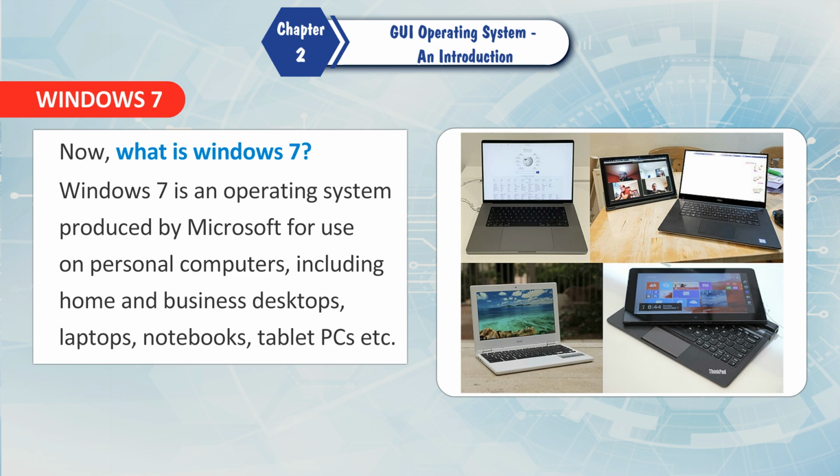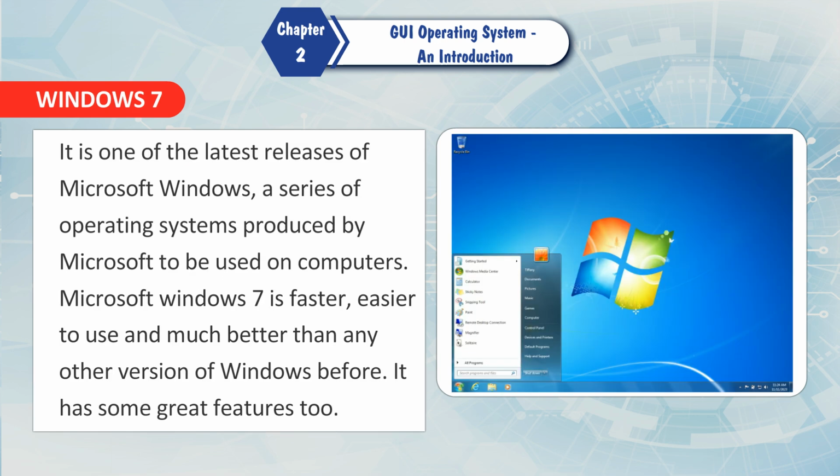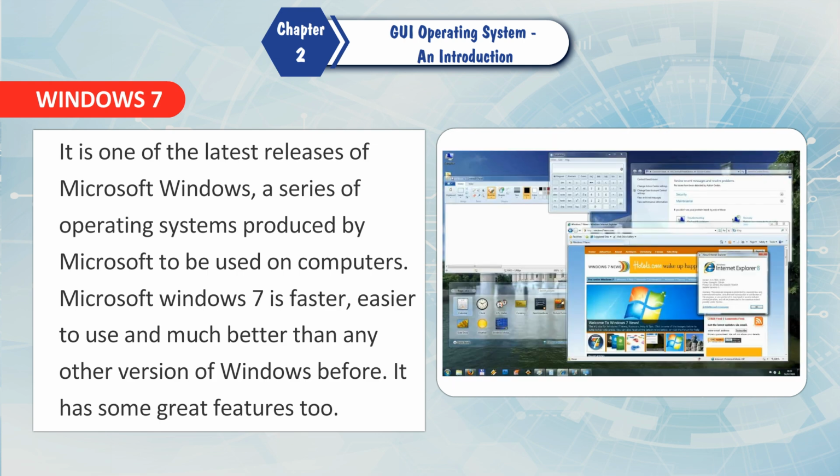Windows 7 is an operating system produced by Microsoft for use on personal computers, including home and business desktops, laptops, notebooks, tablet PCs, etc. It is one of the latest releases of Microsoft Windows, a series of operating systems produced by Microsoft to be used on computers. Microsoft Windows 7 is faster, easier to use and much better than any other version of Windows before. It has some great features too.